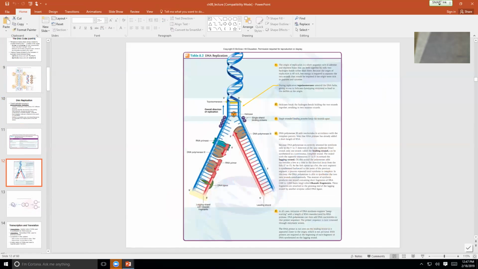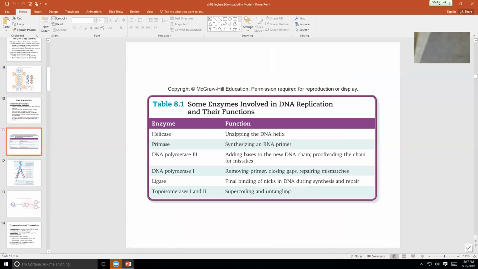But I will tell you, it does readily do that, but it does take enzymes. And how would I know helicase is an enzyme? Because it ends in ASE. It does take these enzymes that are working to allow for it to do what it's doing as fast as it's doing it.